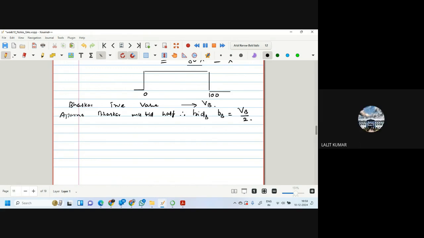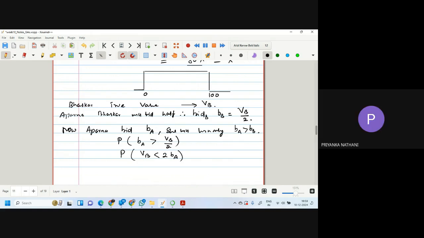Now, Aparna bids, for example, BA. She will win only when BA is greater than BB. It means BA is greater than VB by 2. Now, what is the probability of this? So, we can write the probability of VB less than 2BA.